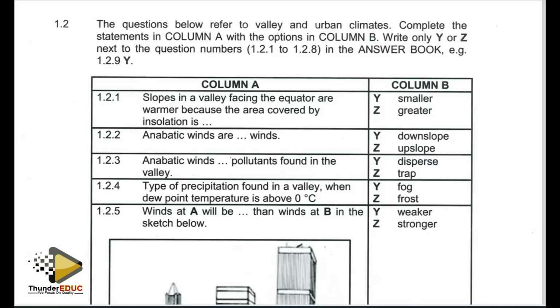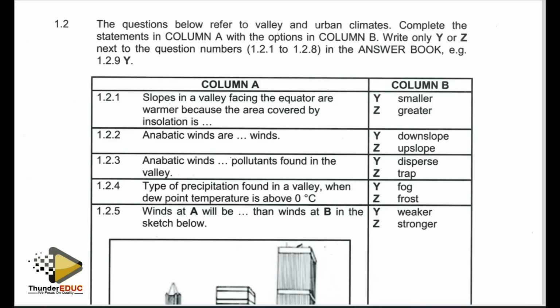The north-facing slope in the southern hemisphere is the one which is facing towards the equator. And if you are looking from the northern hemisphere's perspective, we are looking at south-facing slopes in the northern hemisphere. Those are the ones which are facing the equator.